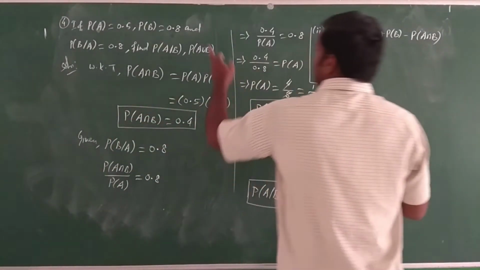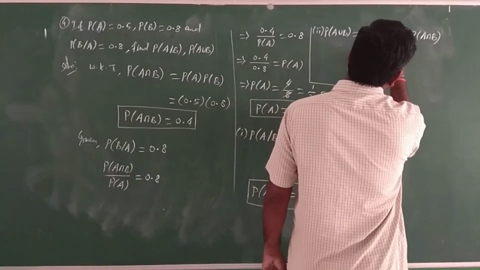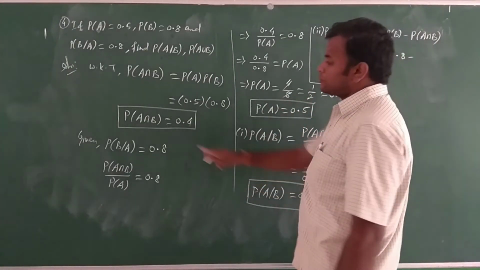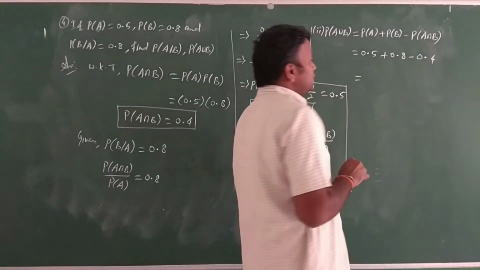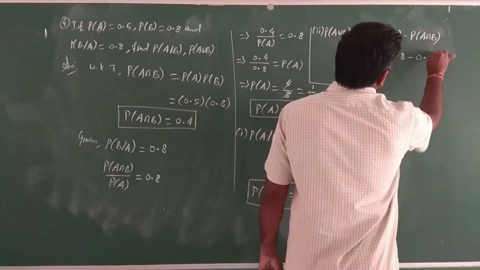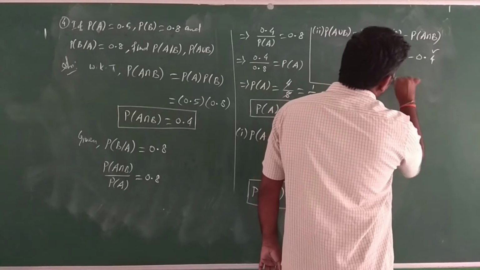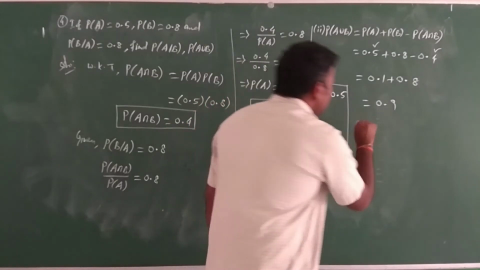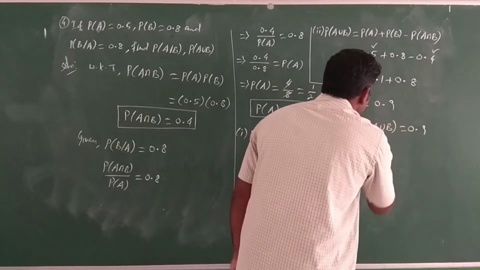The value of P of A is 0.5 plus P of B 0.8 minus P of A intersection B 0.4. First we add the positive values, or we can separate them, it is your choice. 0.5 minus 0.4 is 0.1, plus 0.8 is 0.9. So P of A union B is 0.9.